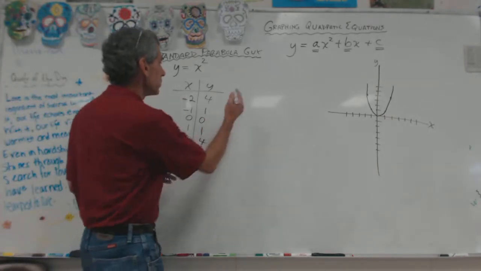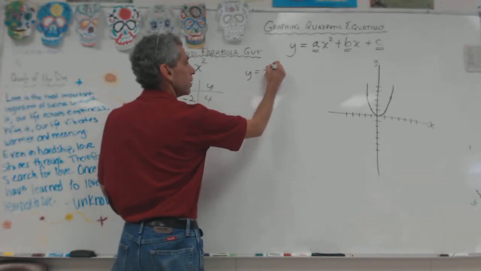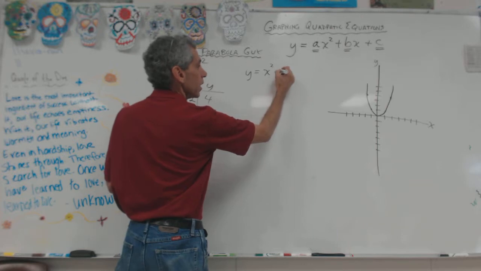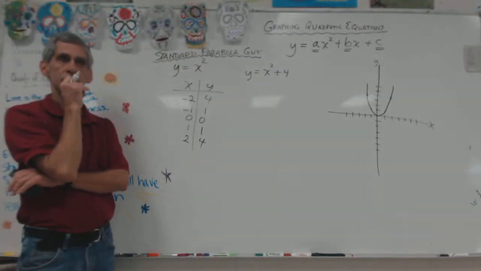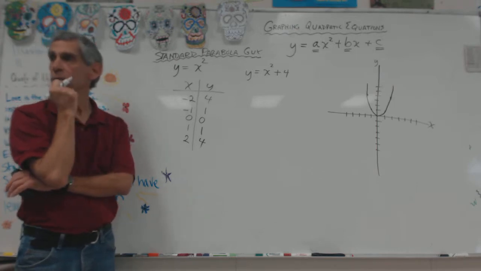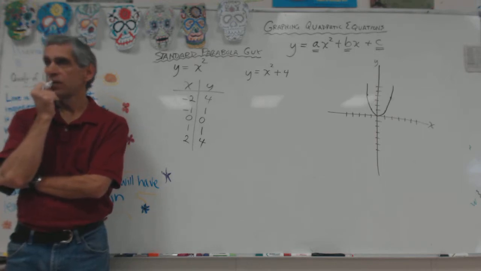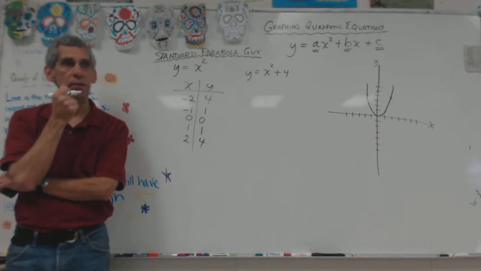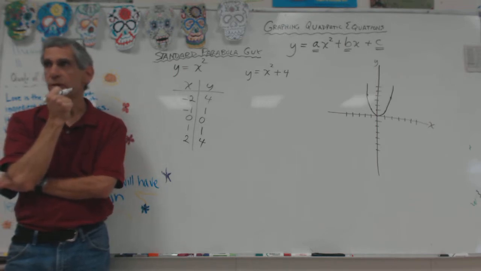Well, actually, let's try one more. Let's try now y is equal to x squared plus 4. Does it have an a? Yeah. What's the a? 1, right? Does it have a b? Yeah. What is b? 4.